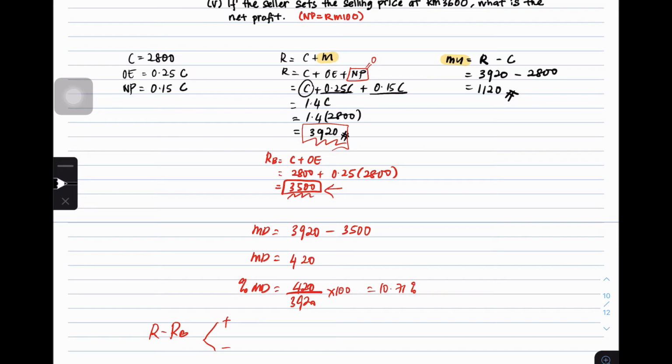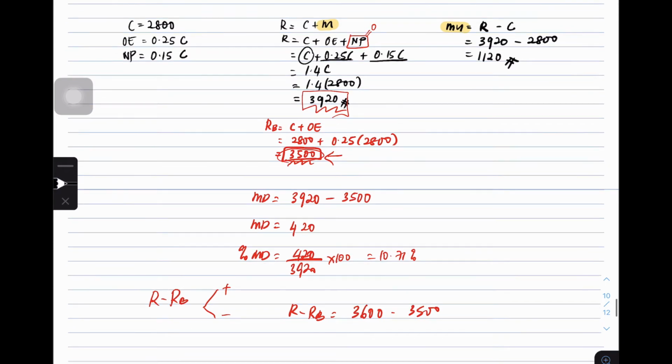So sekarang harga jualan dia bagi tahu 3,600. Maksudnya harga jualan adalah 3,600, dan kita dapat break even price kita adalah 3,500. So R minus RB is equal to 3,600 tolak dengan 3,500, which will give you equal to 100.